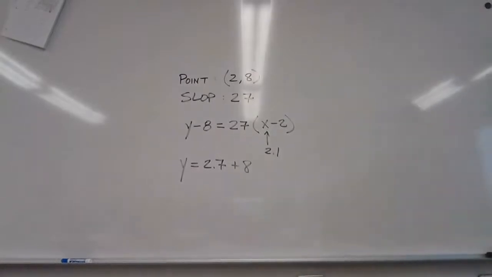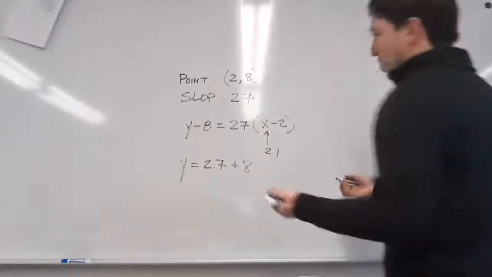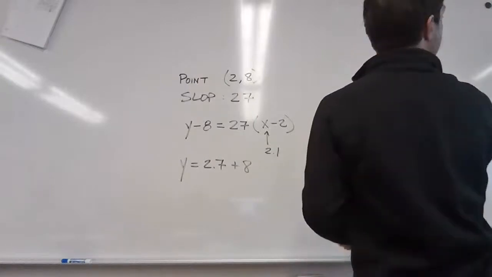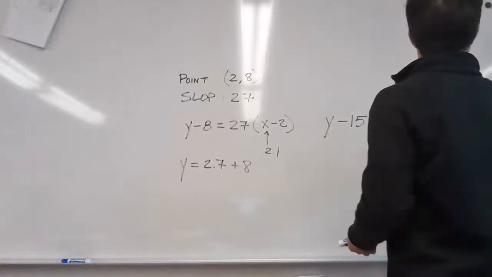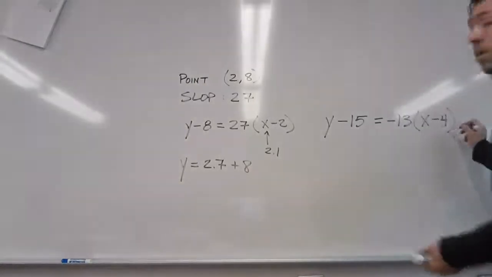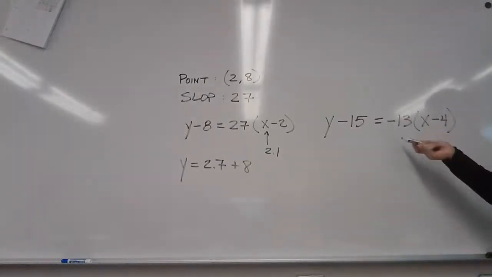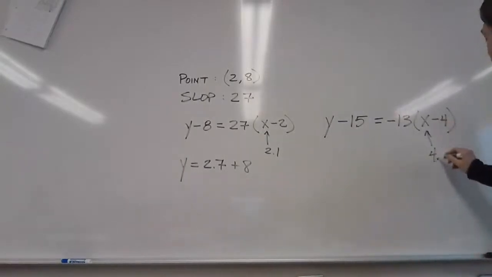All right, and then 7's very similar. For number 7, you guys are probably okay with me going straight to the equation, right? It's y minus 15 equals -13 times x minus 4. I can certainly go back if there are questions. Because the point was (4, 15), the slope was -13. Okay, great. And we're going to plug in 4.1.